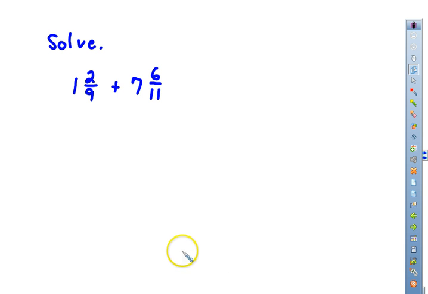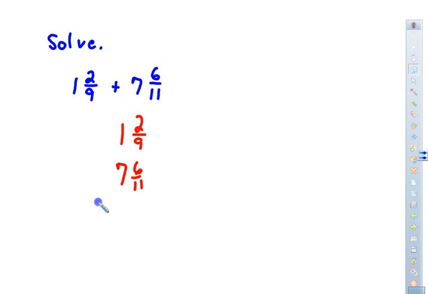Let's look at our next problem, and it simply says to solve. So you're going to solve these two mixed numbers by adding them. So go ahead and do that. 1 2/9 plus 7 6/11. We are adding. Since we have unlike denominators, we start with the 11, and we can do multiples of 11 if the 9 does not go into it equally.